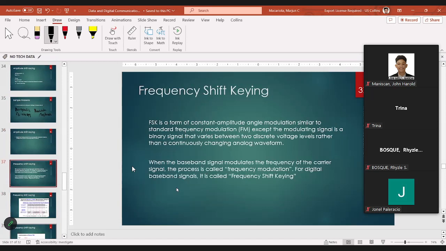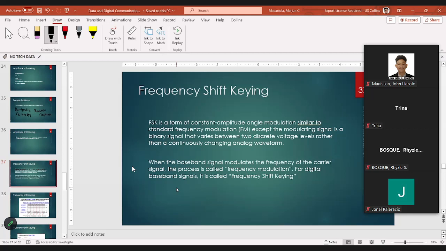So after that, we're going to deal with frequency shift keying. Okay? So in ASK, the property being varied is the amplitude. Okay? So in the case of frequency shift keying, ang binabago naman ay frequency. Okay? So frequency shift keying is a form of constant amplitude angle modulation similar to standard frequency modulation.